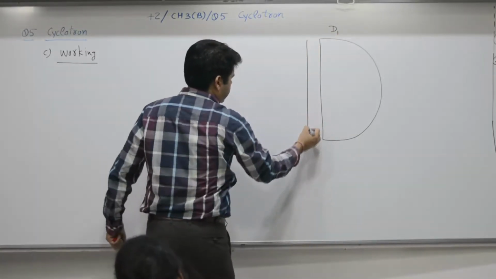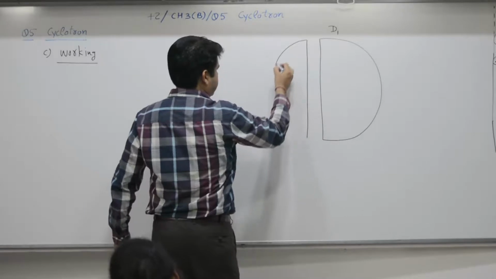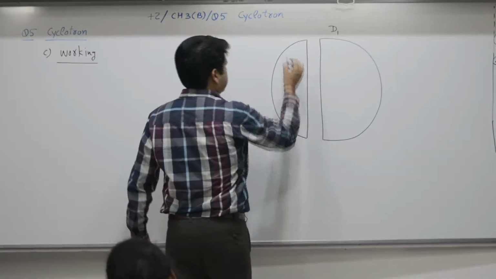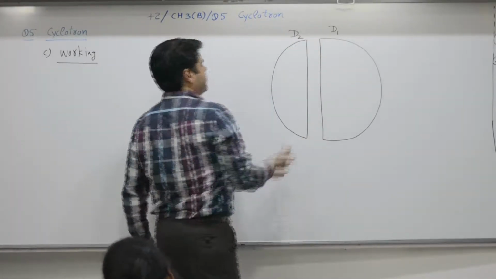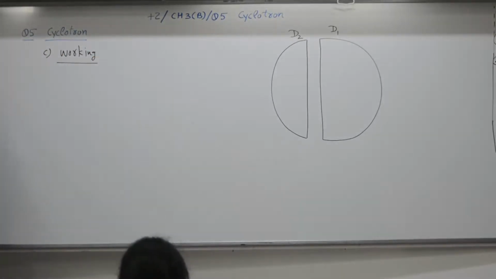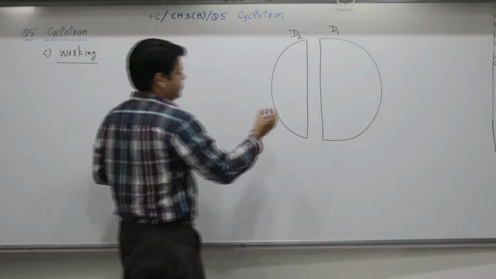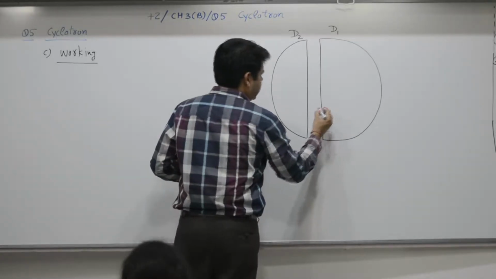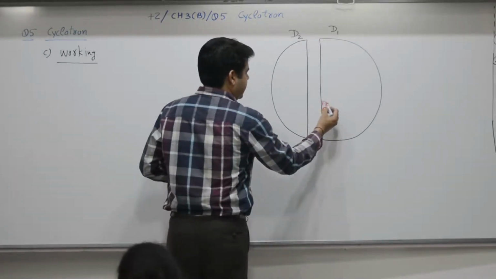D2. Initially the particle, say a negatively charged particle, is at R. There is a negatively charged particle, it is at position say R.